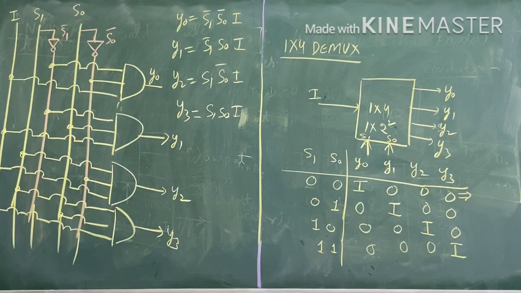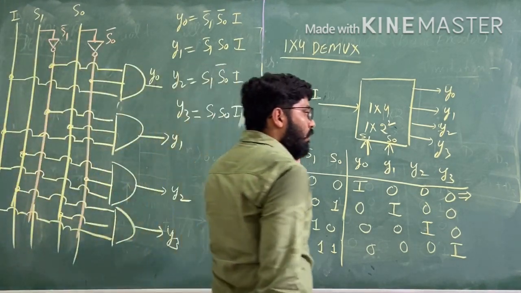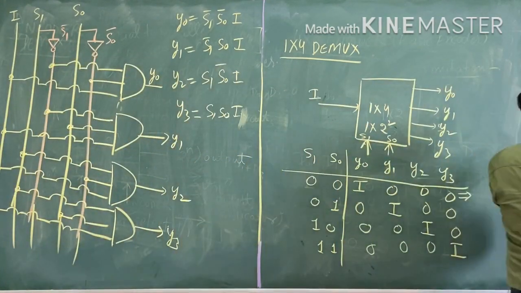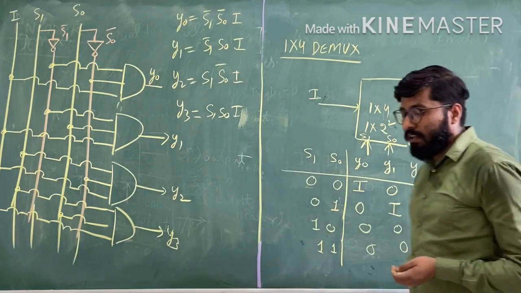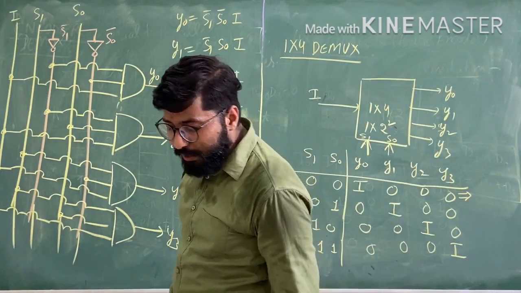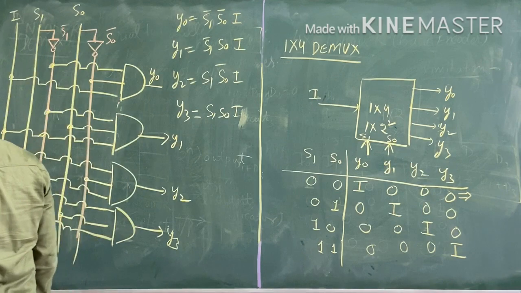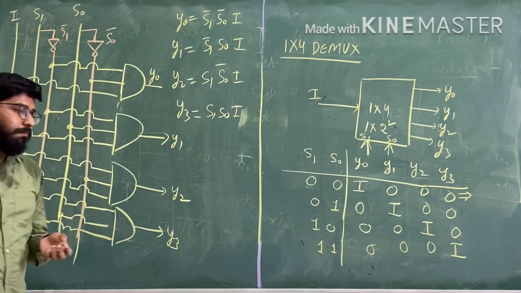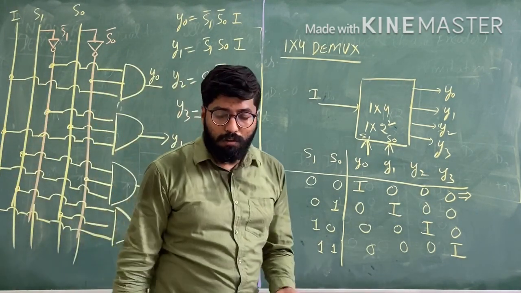Okay, so in this way we developed a combinational logic circuit of 1 cross 4 demux. Now, in the multiplexer we saw the implementation of a higher mux with the help of lower order mux.